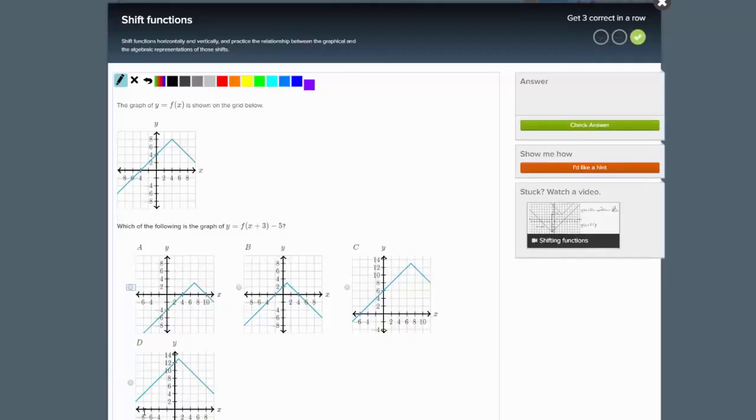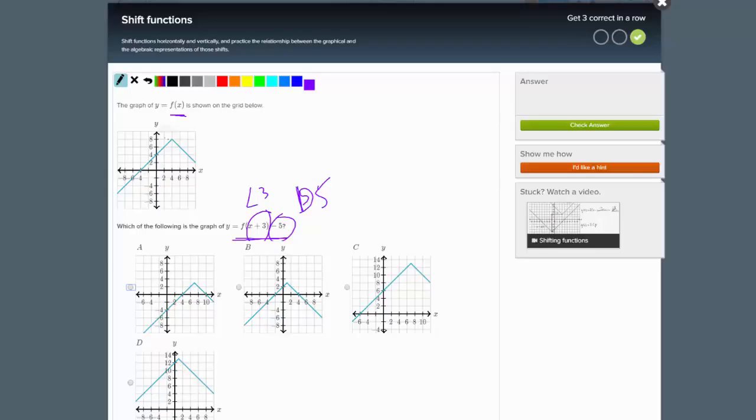Okay. All right, what the heck, we'll do one more. Sorry. I get stuck on these sometimes. So take f, which is this graph, and do this to it, which says shift left 3, down 5. It's supposed to be a D. Down 5. So left 3, each line is 2 again.